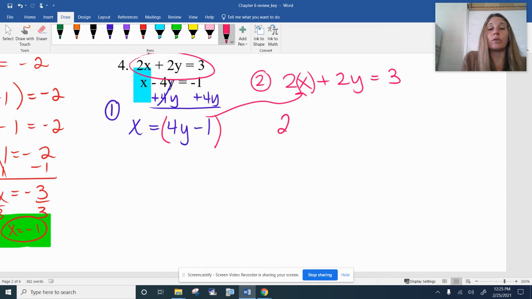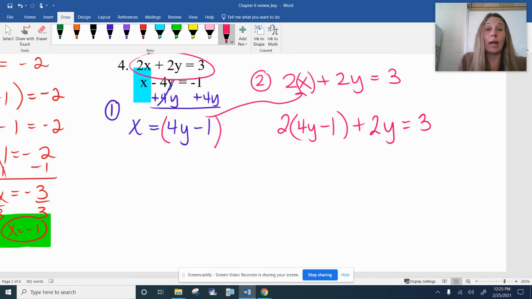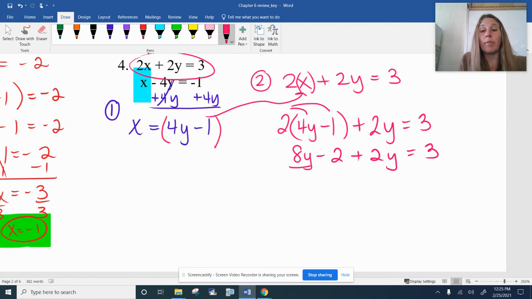So now I have 2 times parentheses 4y minus 1 plus 2y equals 3, and I can now solve for the variable of y. In this case, I have to distribute because I have a number in front of my parentheses here. That gives me 8y minus 2. Then I have to combine my like terms on the same side of the equal sign. So 8 plus 2 would be 10y.